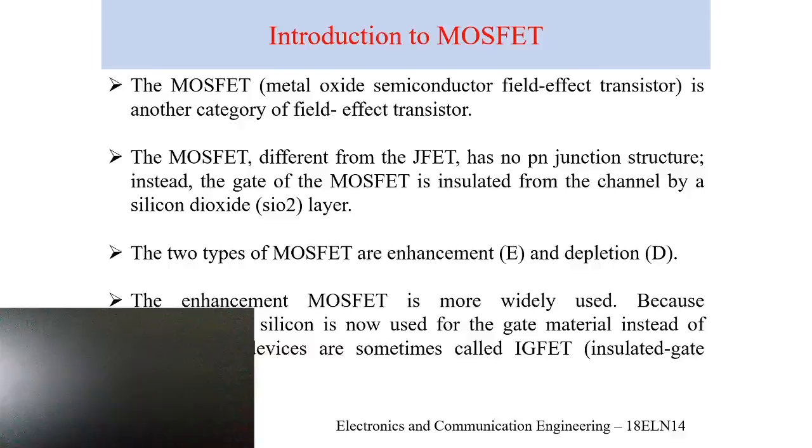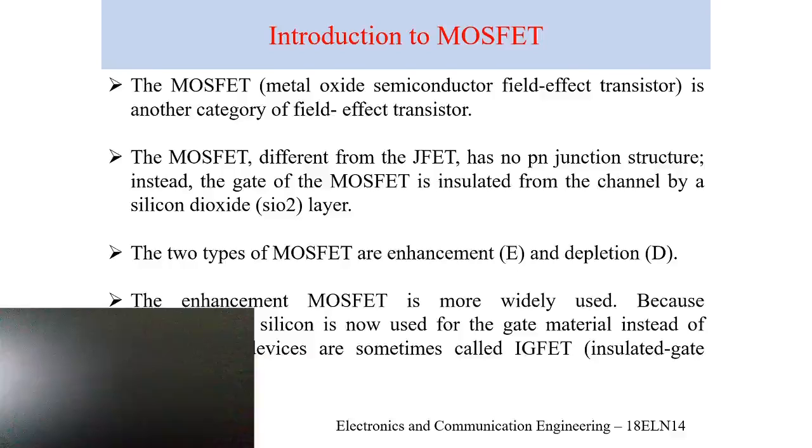Different from the JFET, the MOSFET has no PN junction structure. Instead, the gate of the MOSFET is insulated from the channel by a SiO2 layer, that is, a silicon dioxide layer. Two basic types of MOSFET are the enhancement type and the depletion type.